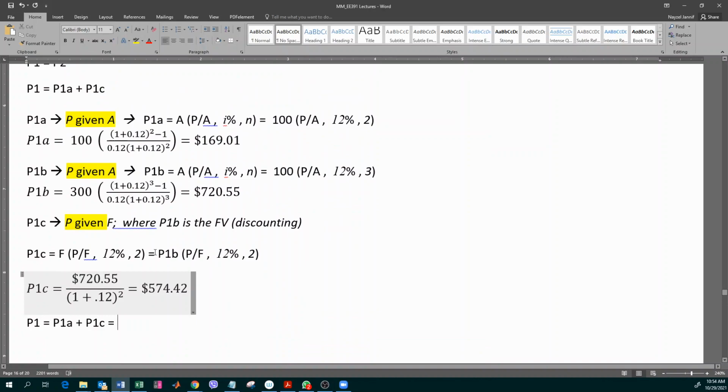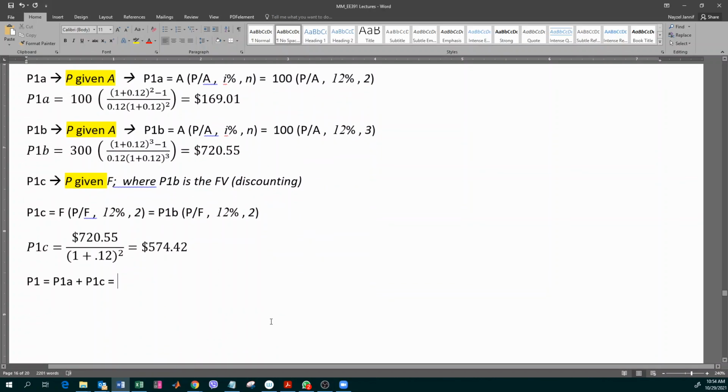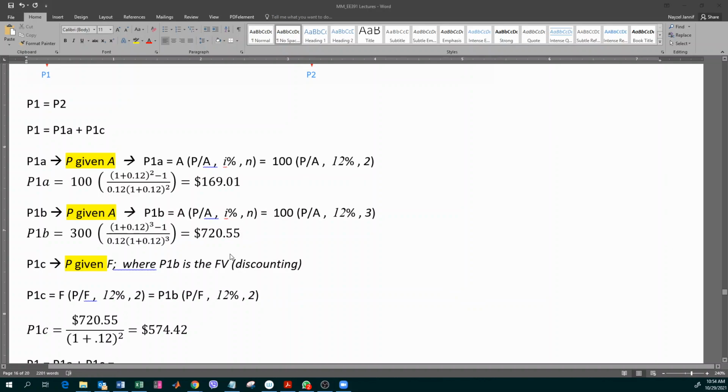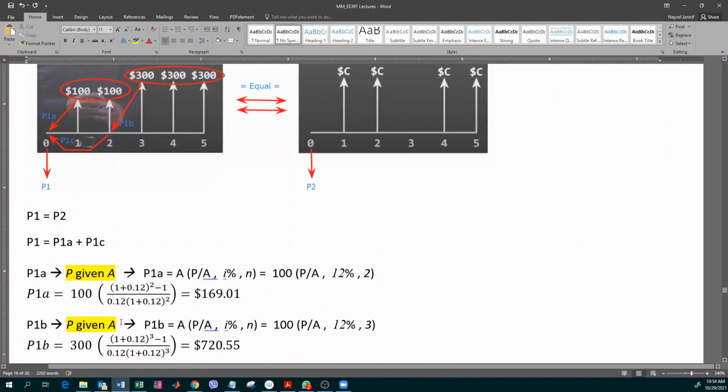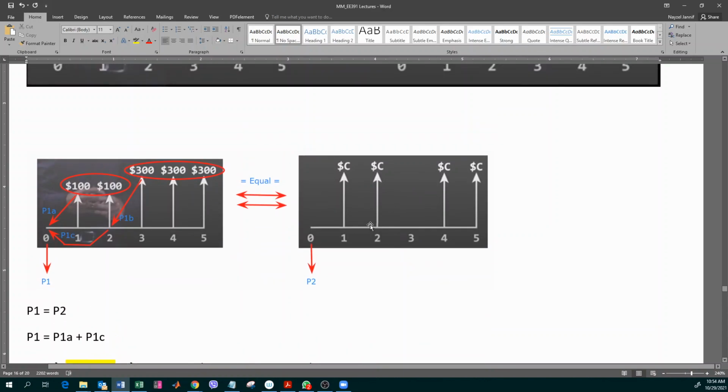P1A plus P1C. P1B is only done to calculate the value of P1C. All right. So 743. Let's see if that's correct. 169 plus, yeah, 743. All right. That's just one side of the problem.